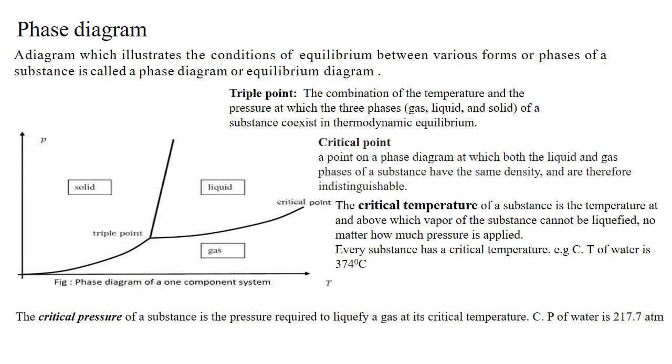The pressure condition and the temperature condition at this point are called critical temperature and critical pressure. If I draw a vertical line from this point which meets the x-axis, I mean temperature axis, the temperature at that point is called critical temperature.